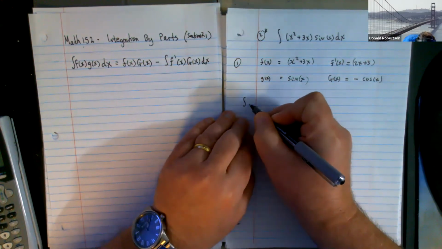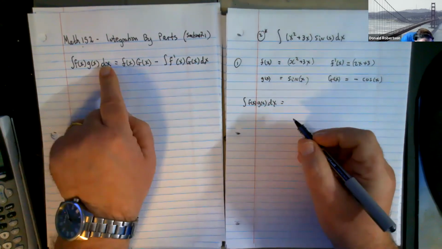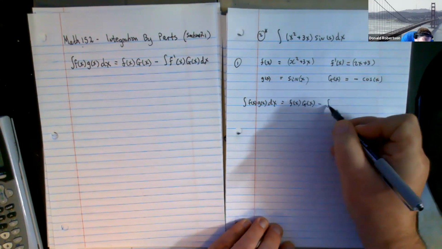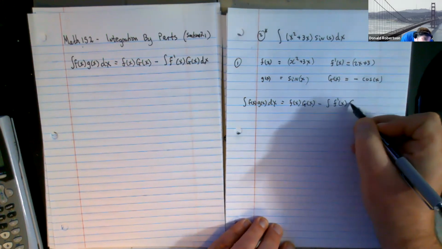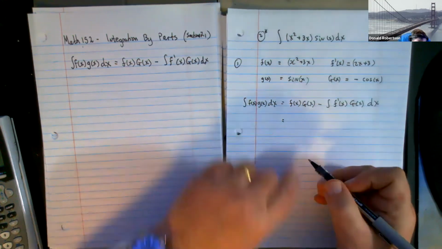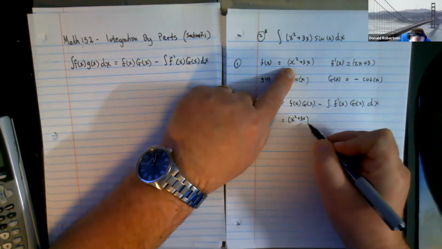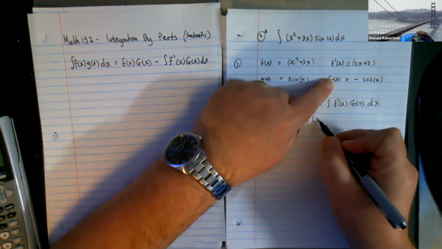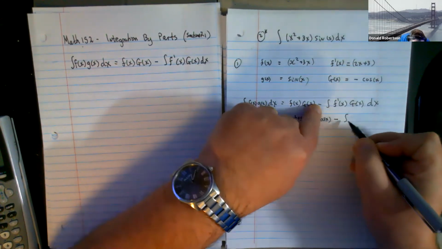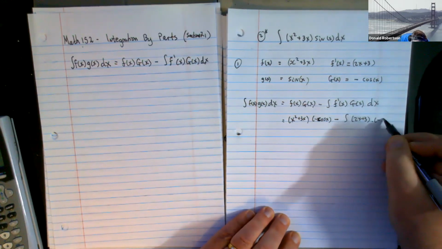We have f of x goes here, take away, capital G of x, which is this, take away the derivative, which is this, capital G of x, which is this.